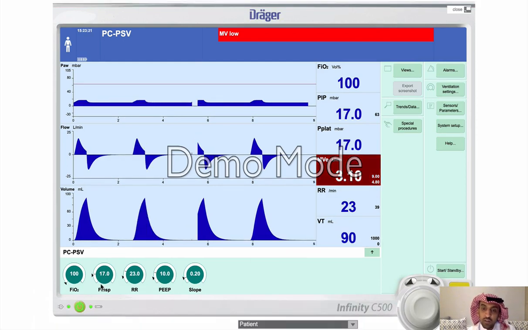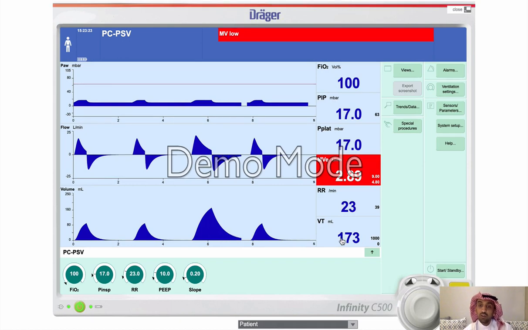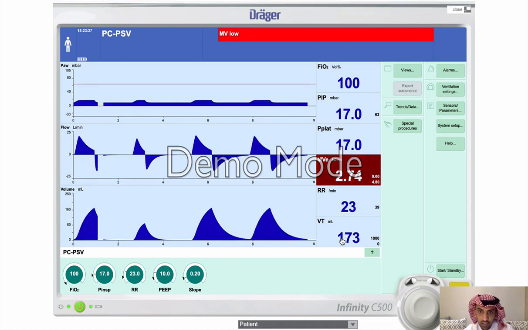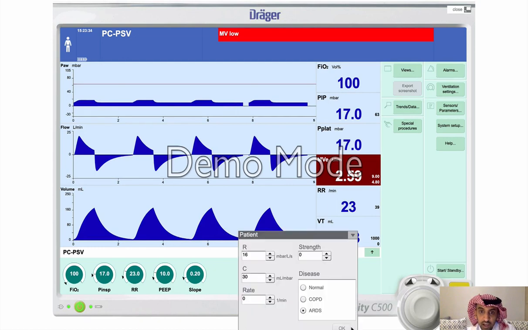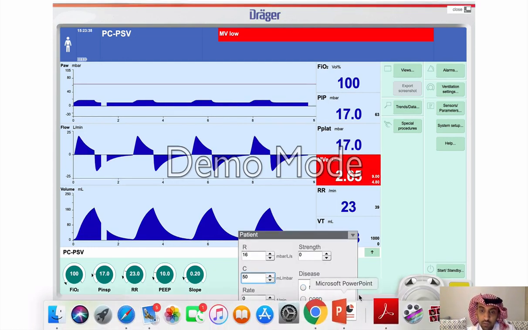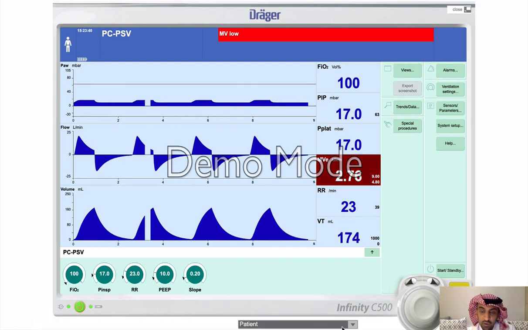Like here with inspiratory pressure 17, we were getting tidal volume of 70, and with improved lung compliance, we're seeing now that the tidal volume is improving, and as you improve the compliance, the tidal volume will increase, and this is very important to keep an eye on.